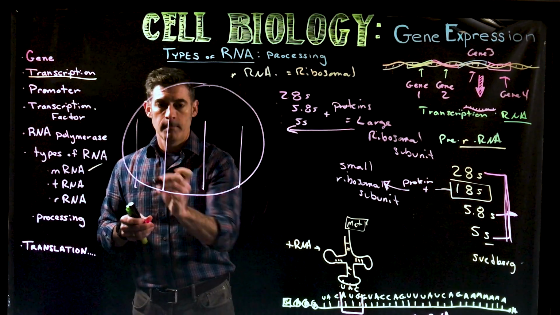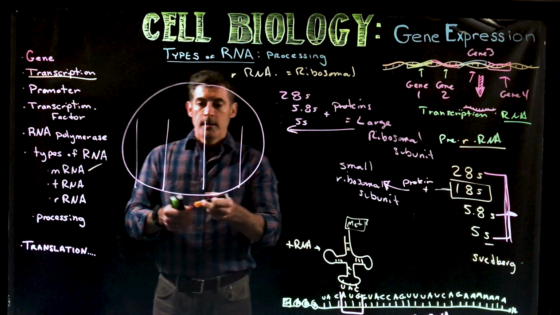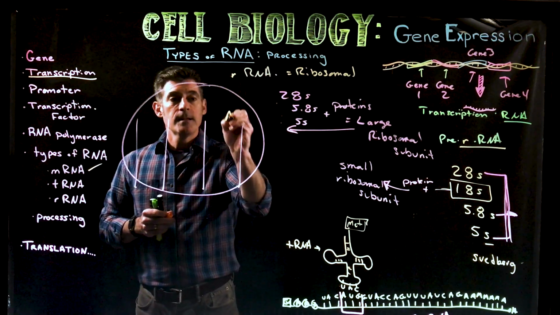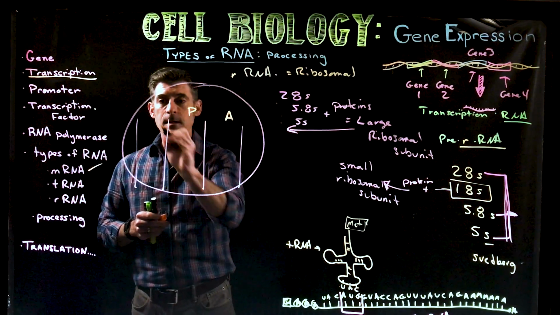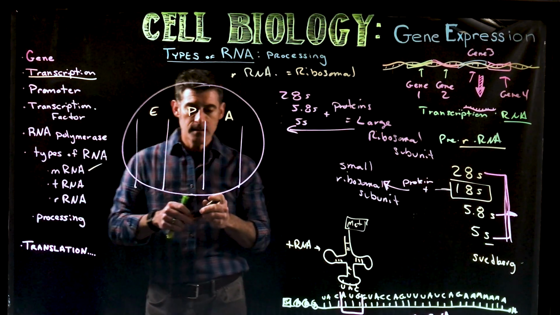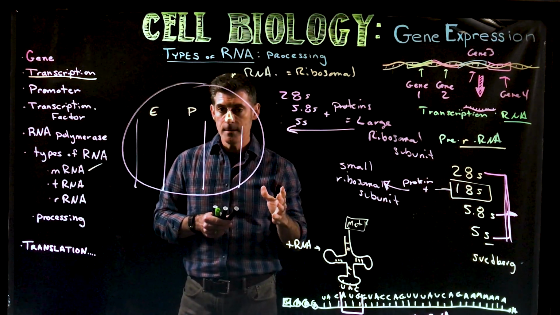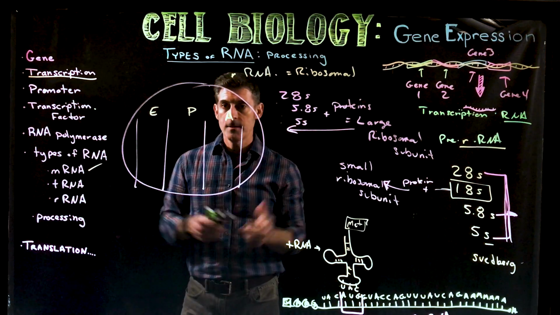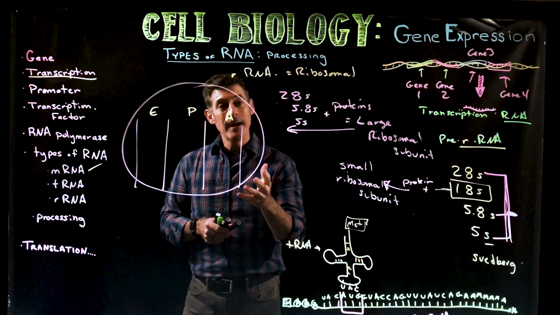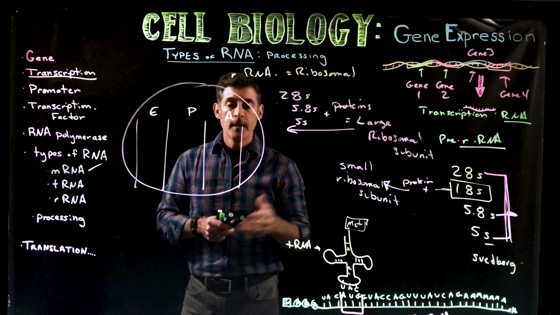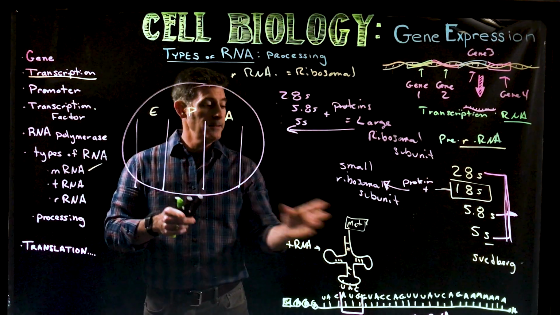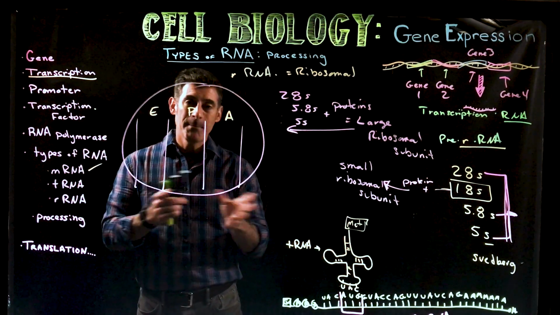These 3 binding sites are referred to as the A site, the P site, and the E site. So these are binding sites along the large subunit. Each of these binding sites is unique. They are going to bind transfer RNAs, a particular type of transfer RNA at a particular location.